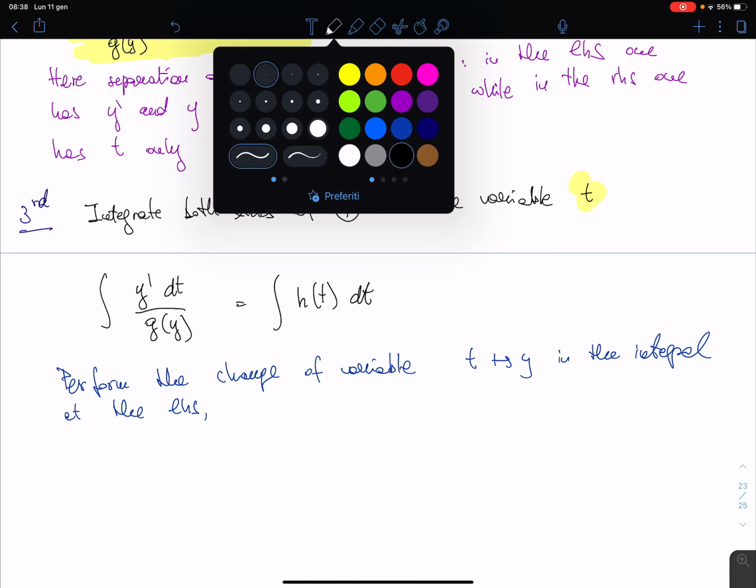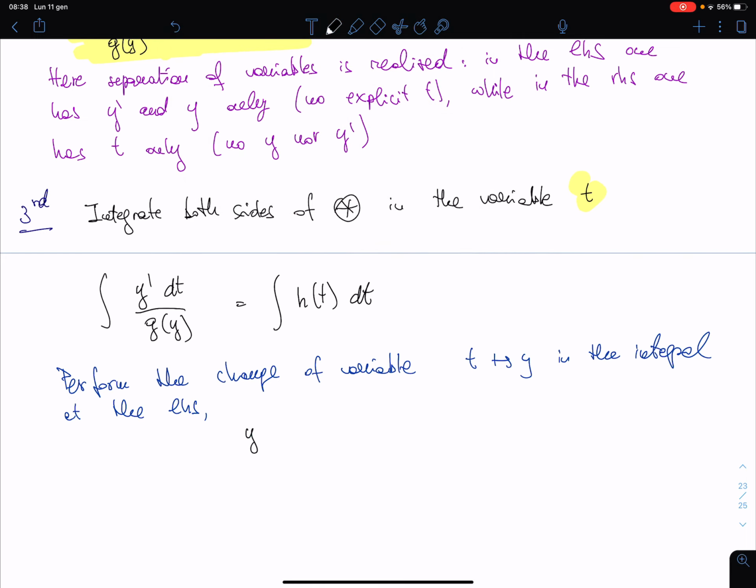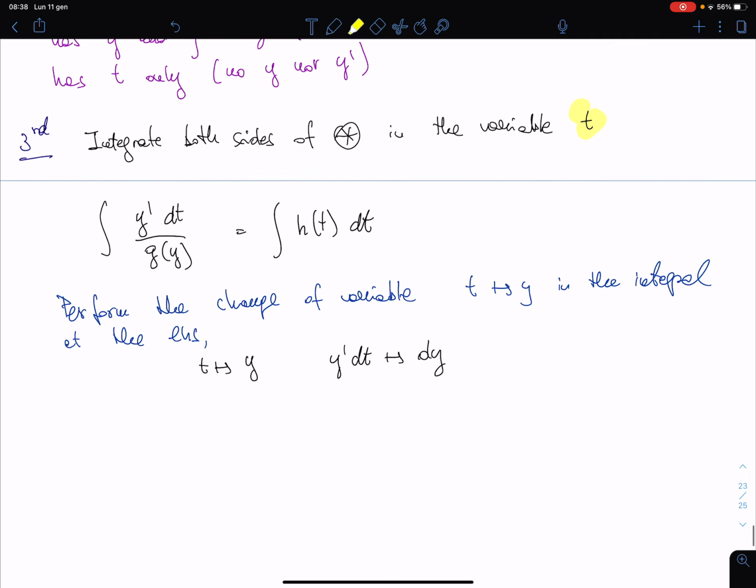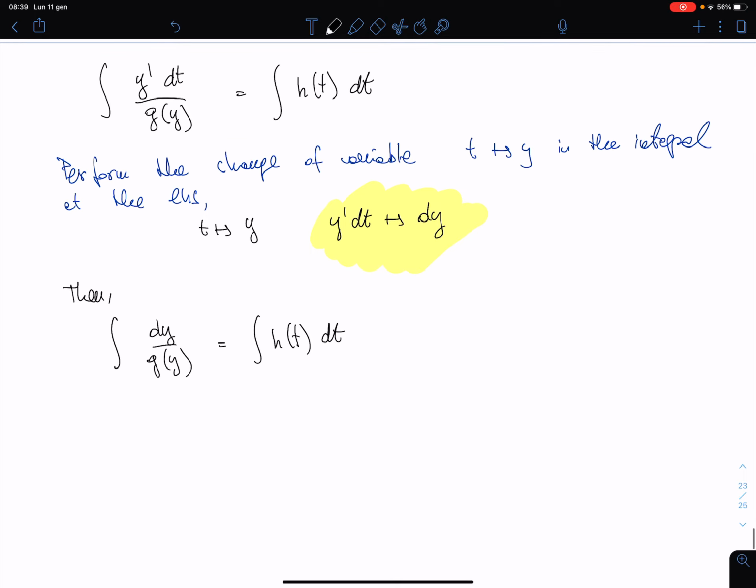And then the important passage is the following: t is replaced by y, and so y prime dt is replaced by dy. Then, and this has to be emphasized, you end up with dy, 1 over g of y, is equal to h of t dt. And here the separation of variables is complete.